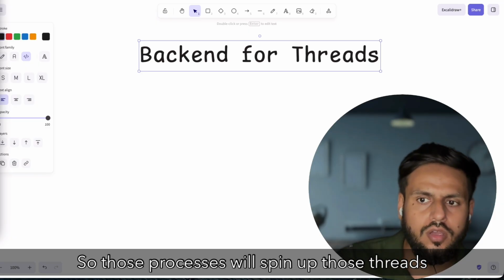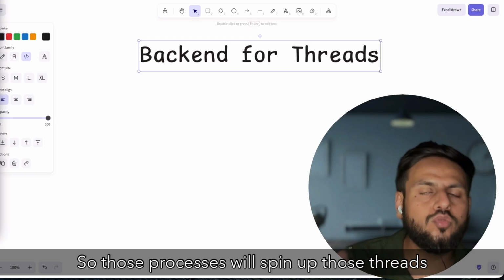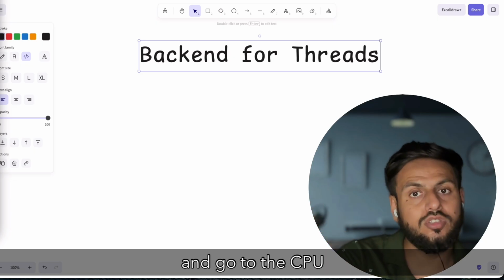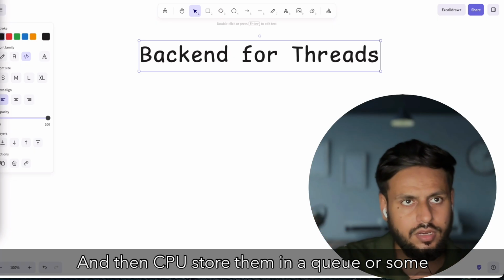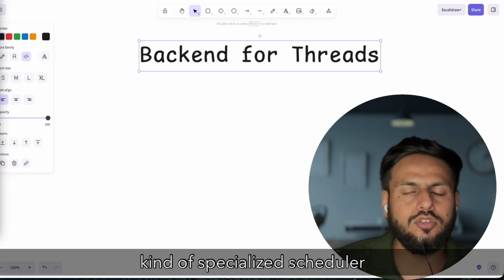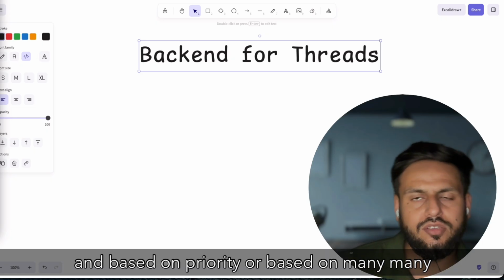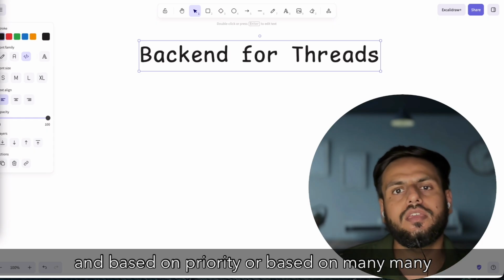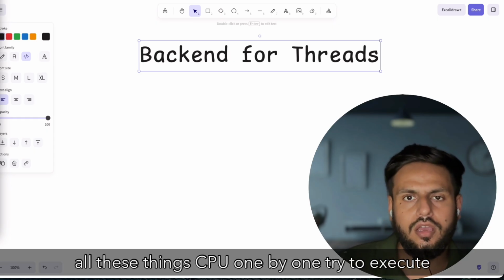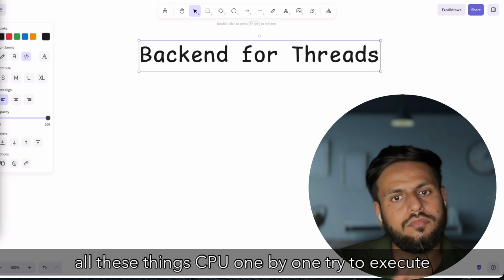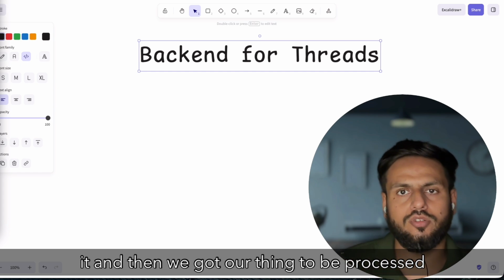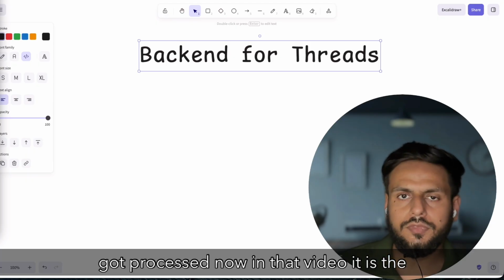So those processes will spin up threads and send them to the CPU, and then the CPU stores them in a queue or some kind of specialized scheduler. Based on priority or many strategies, like first come first serve, the CPU tries to execute them one by one, and then we get our thing processed.